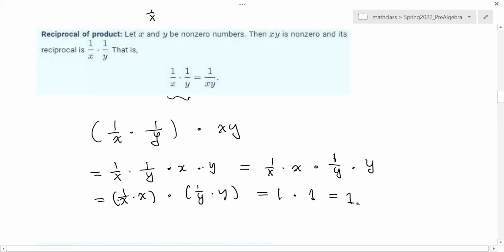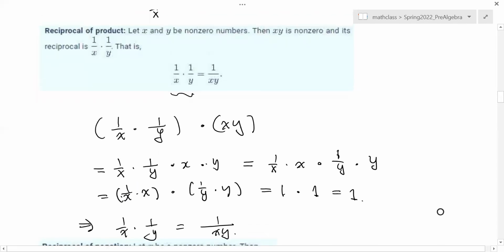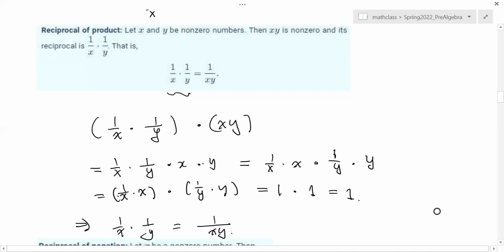So that implies that the number times x times y is going to be 1, which implies by definition that the product must be equal to the reciprocal of x times y. I should put parentheses here: x times y is a number. Then by definition, they must be equal. That is the argument. Clear?